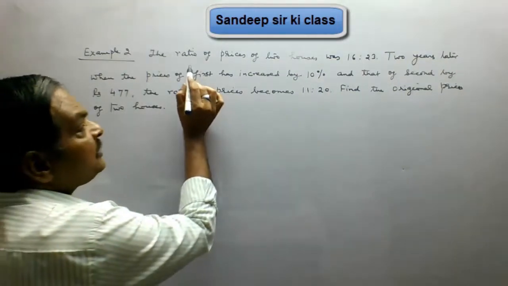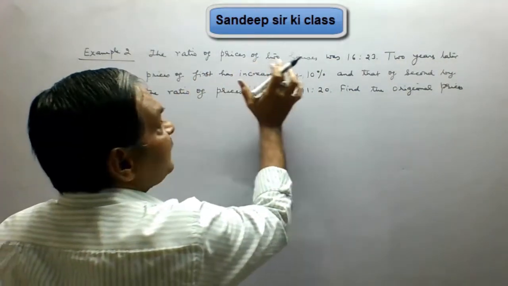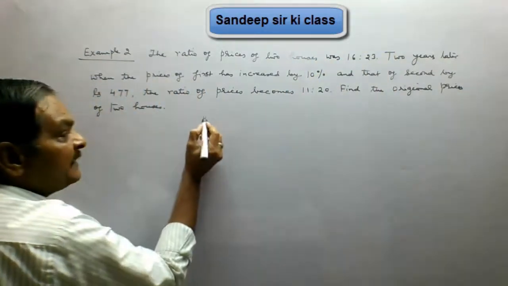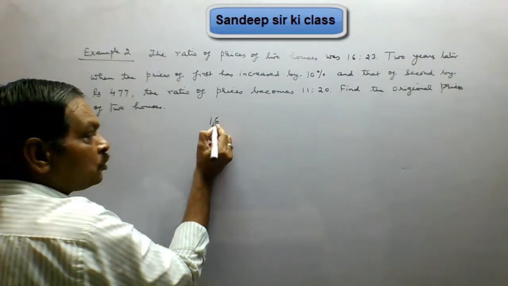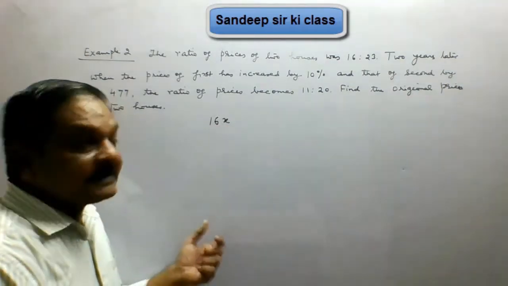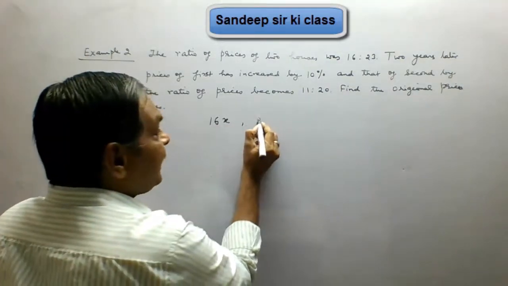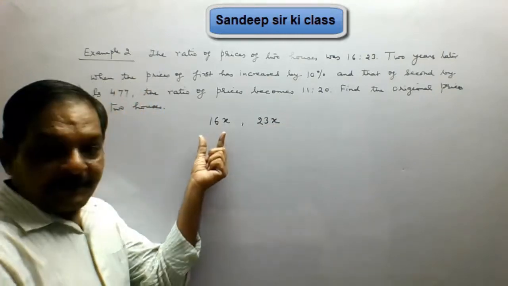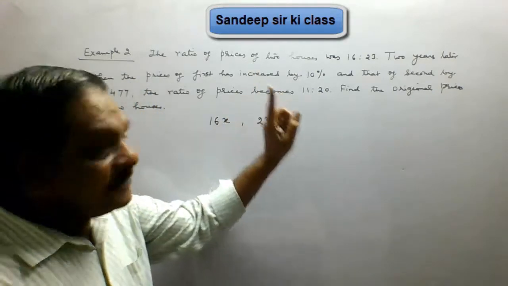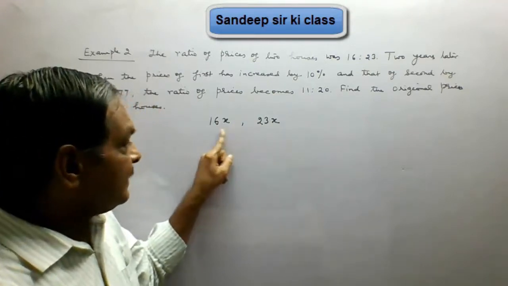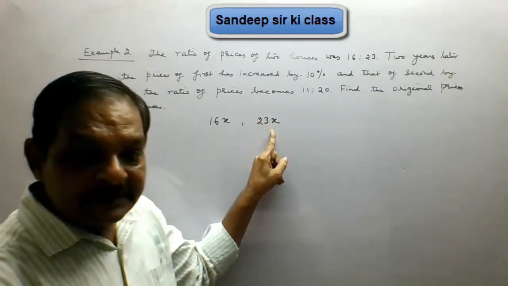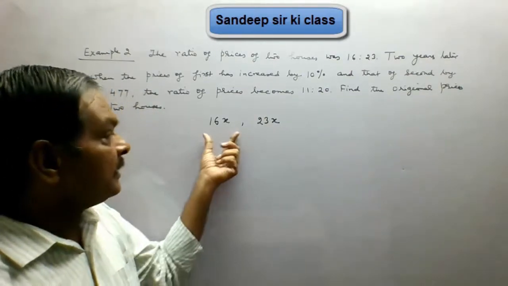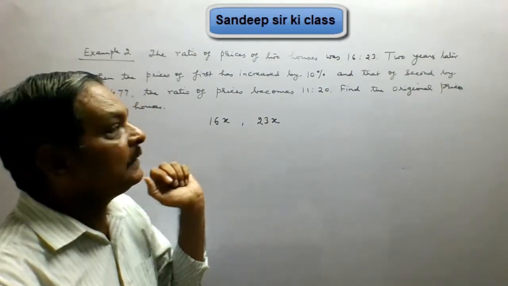Now, originally the ratio of prices of two houses was 16:23. This means if the first house price is 16x, the second house price is 23x, so that the ratio is 16:23.